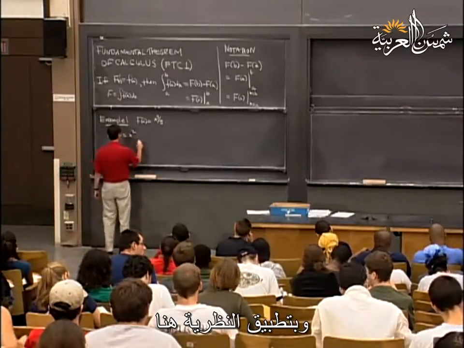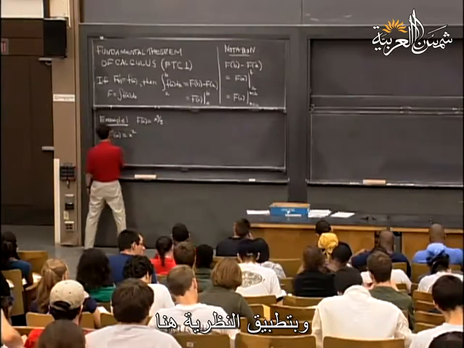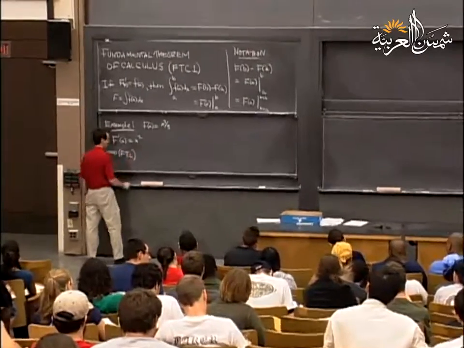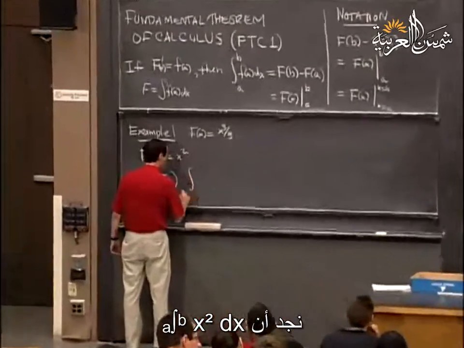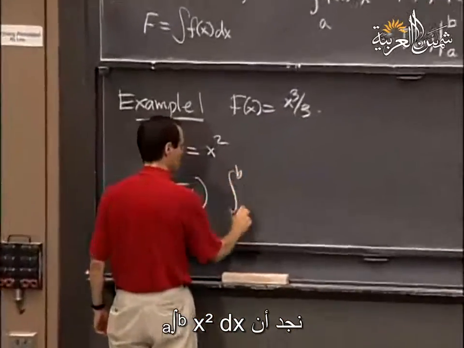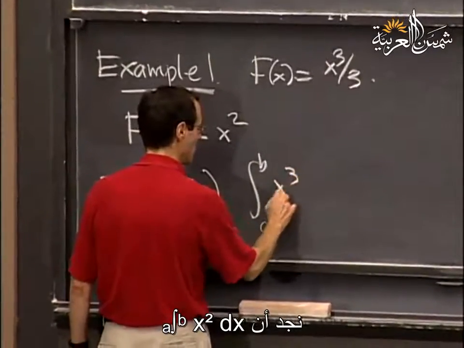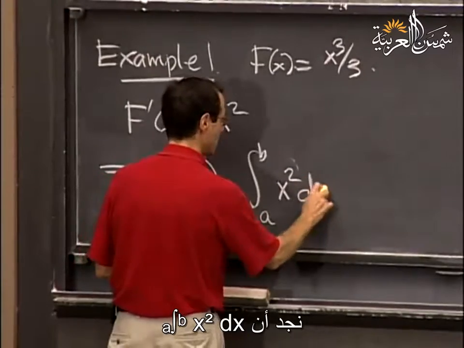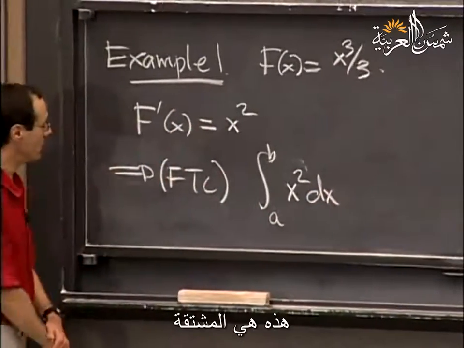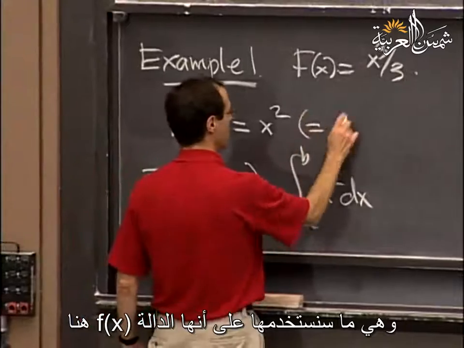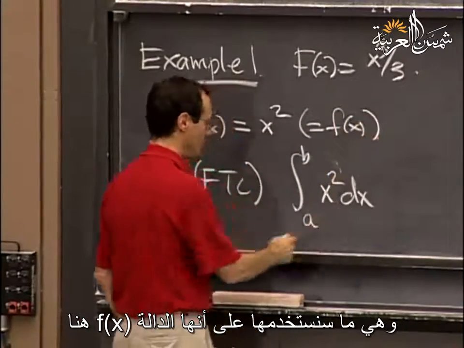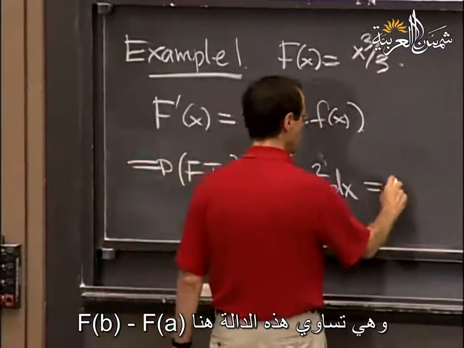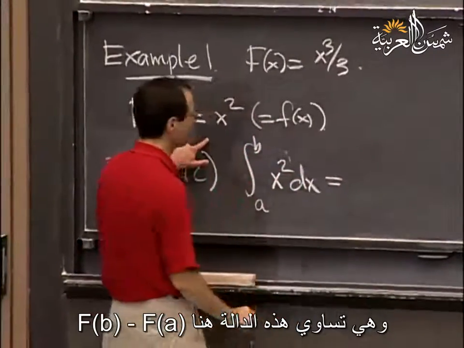And so by the fundamental theorem, the integral from, say, a to b of x squared dx, that's the derivative here, this is the function we're going to use as little f of x, is equal to F of b minus F of a.